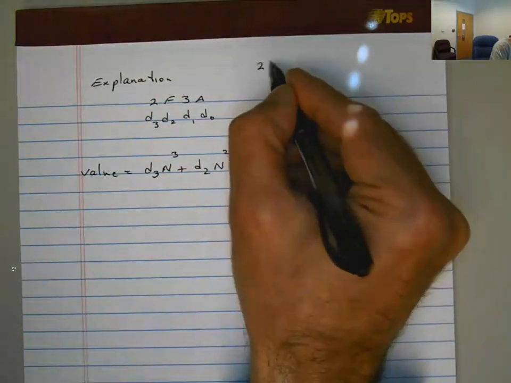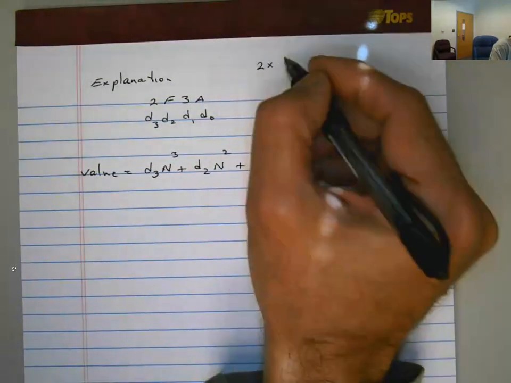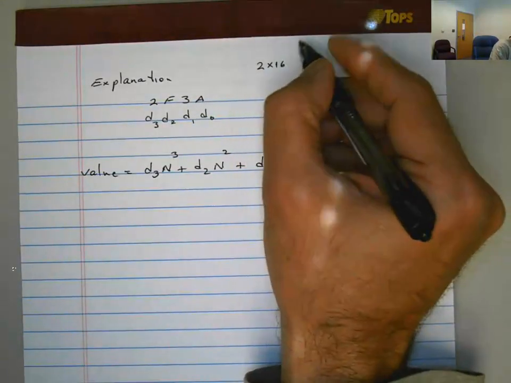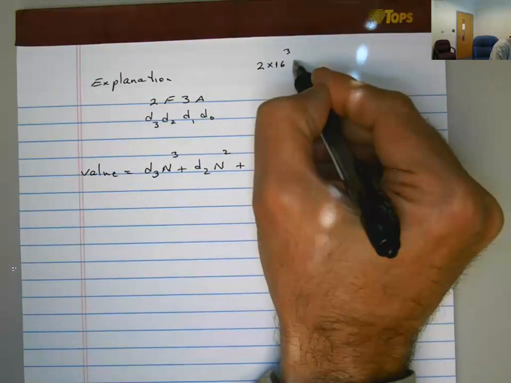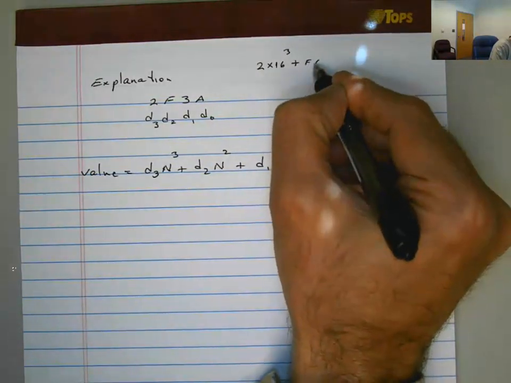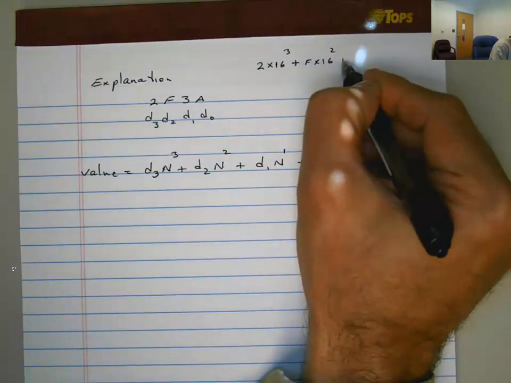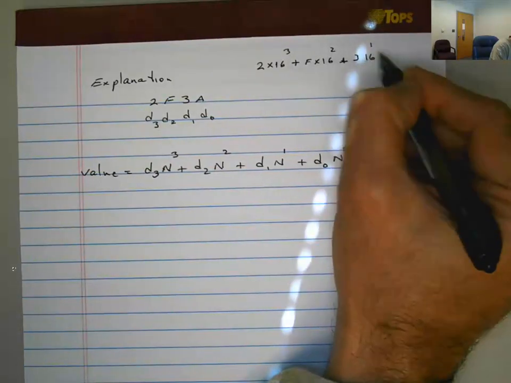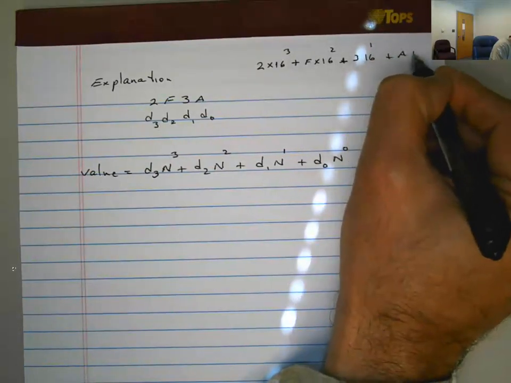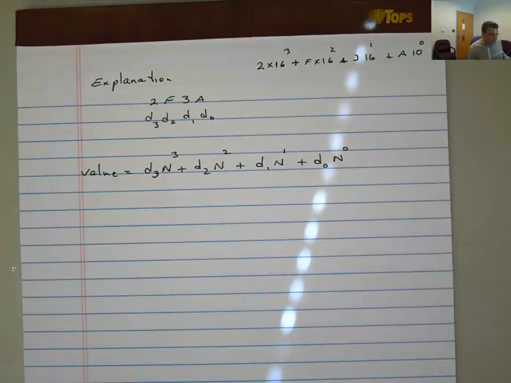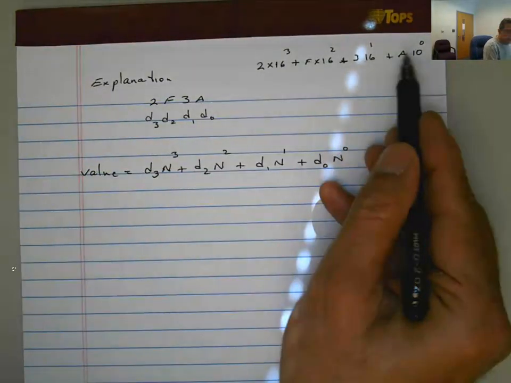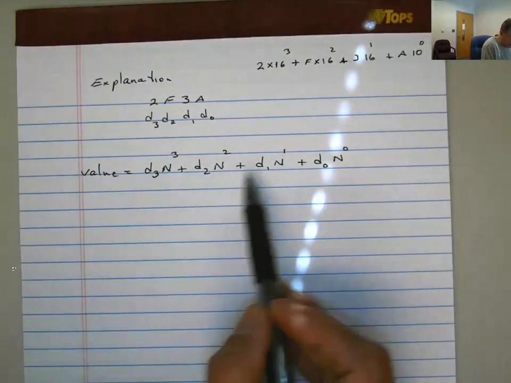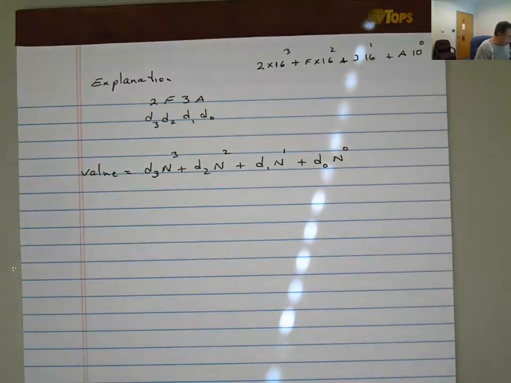It was 2 times 16 to the power of 3, plus F times 16 to the power of 2, plus 3 times 16 to the power of 1, plus A times 16 to the power of 0. This was our understanding of the anatomy of a number. So instead of those digits, I put D3, D2, D1, D0, generalizing.